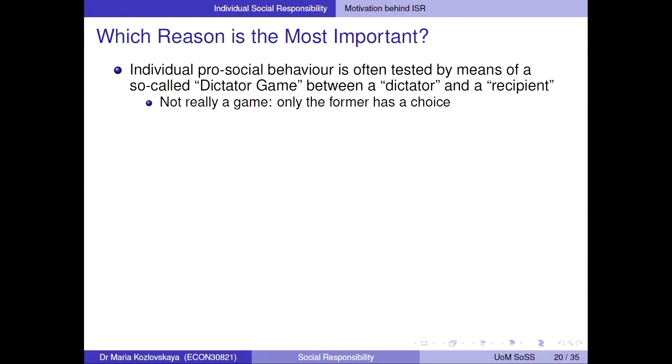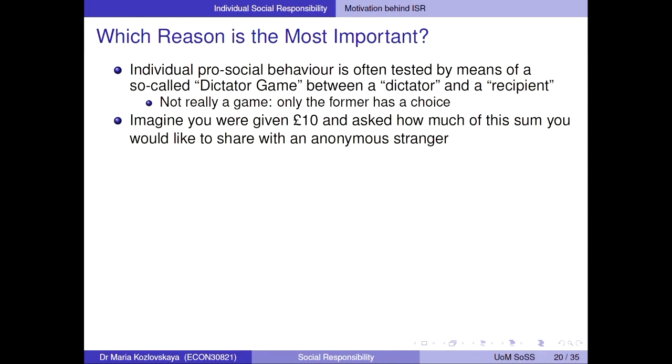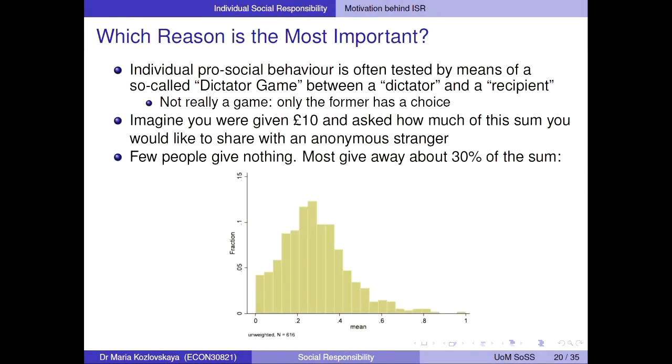So one way to really test those explanations against each other is a so-called dictator game. It's not really a game because only one player is active, but you might have heard about it in micro, right?